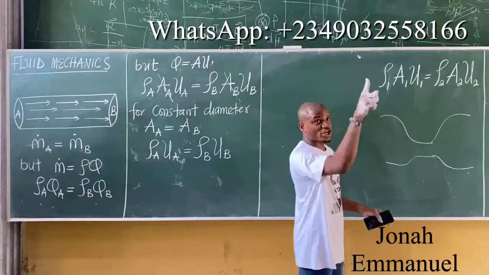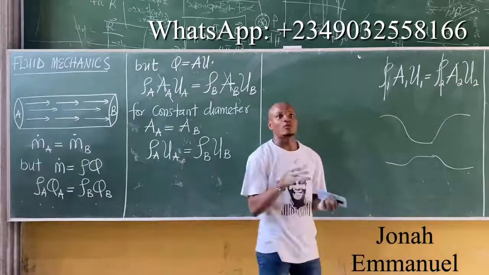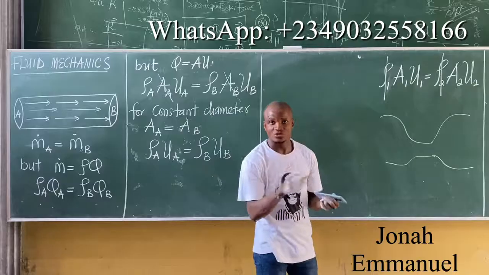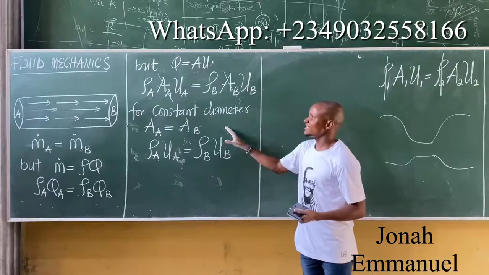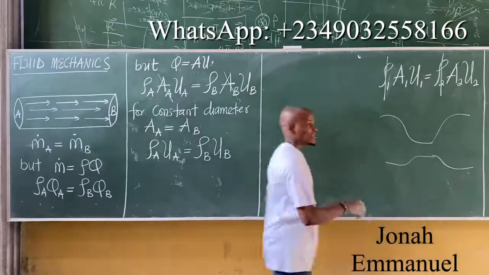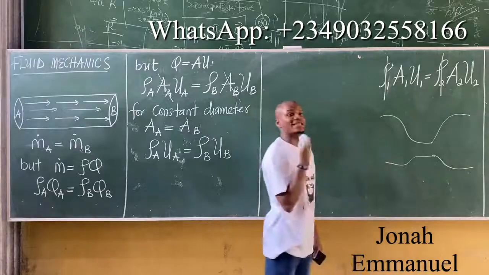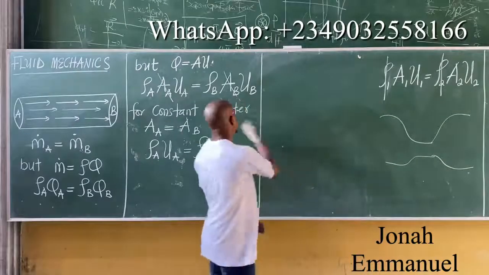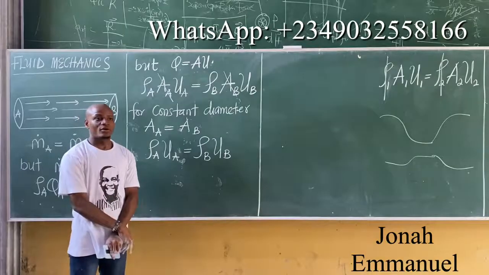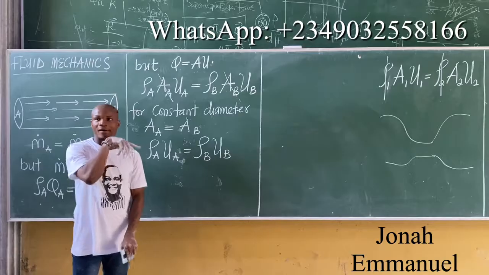What cancelled out, if you check your notes, was the density, because we said the density of a liquid is constant. But in this case now, the area is what cancels out. For this case we cancelled out density with the idea that the density of the liquid is constant. For this one here, do I also cancel out density? Yes or no? Why?